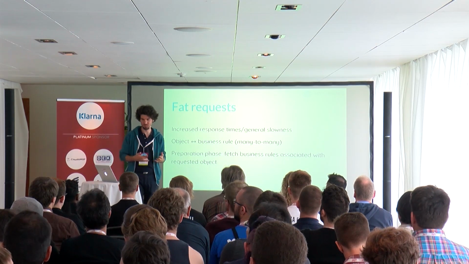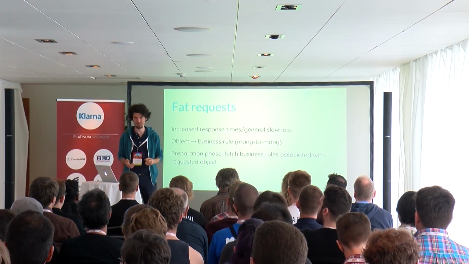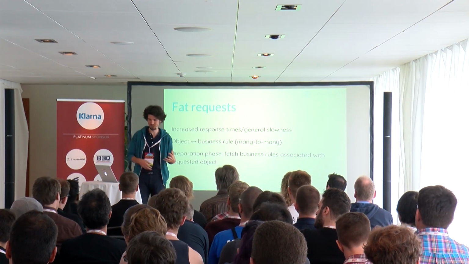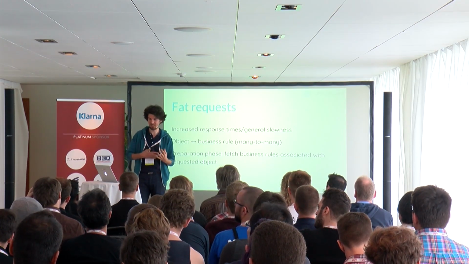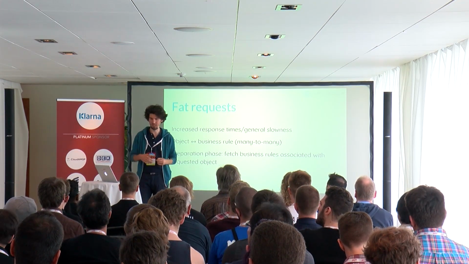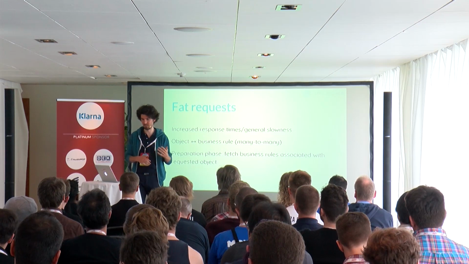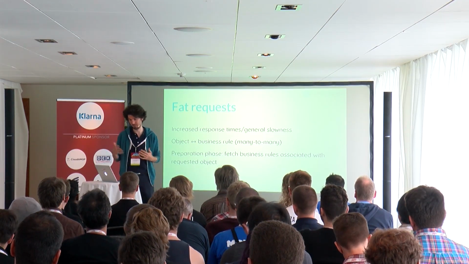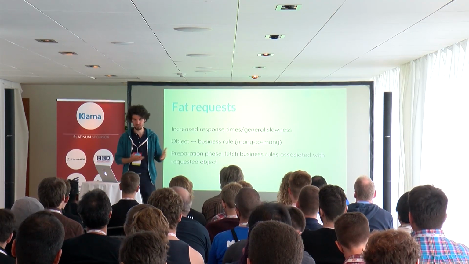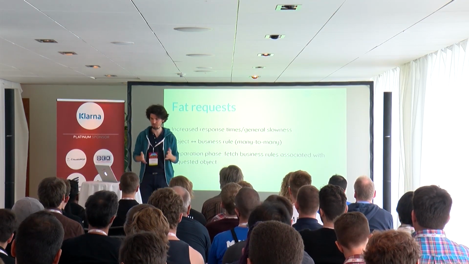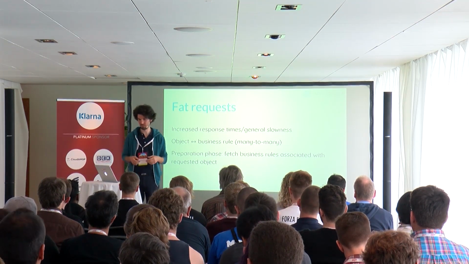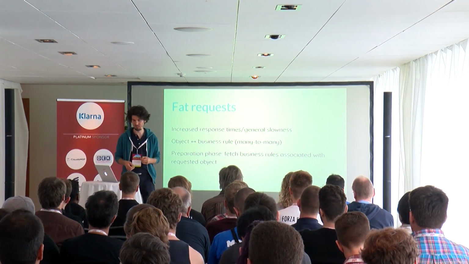To give a bit of detail about the system in a very generic way, there were objects requested, and each object is associated with a few business rules, and each business rule is also associated with a few objects. So it's a many-to-many relation, and when the request comes in, before it is handled, there is a preparation phase when all the business rules associated with the requested object are fetched from memory.